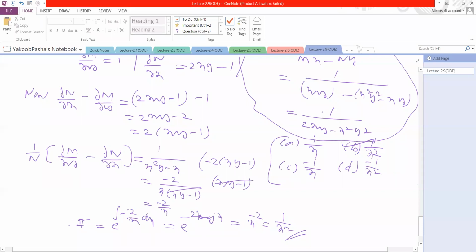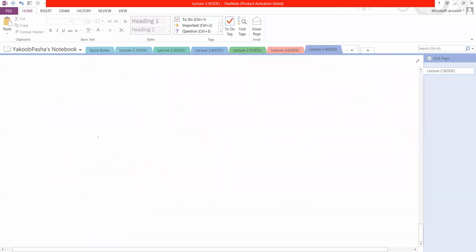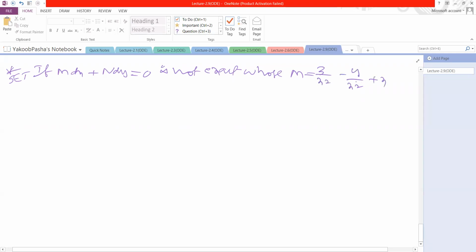Okay. Now I am taking another problem. If mdx plus ndy is equal to 0 is not exact, whose m is equal to 3 by x square minus y by x square plus x, then n is equal to, we have options here.